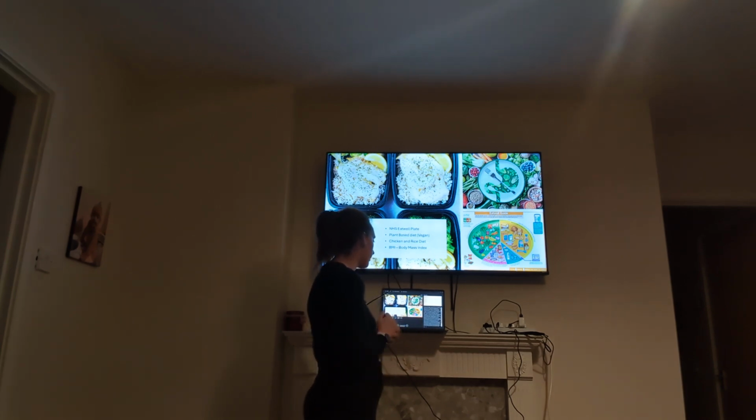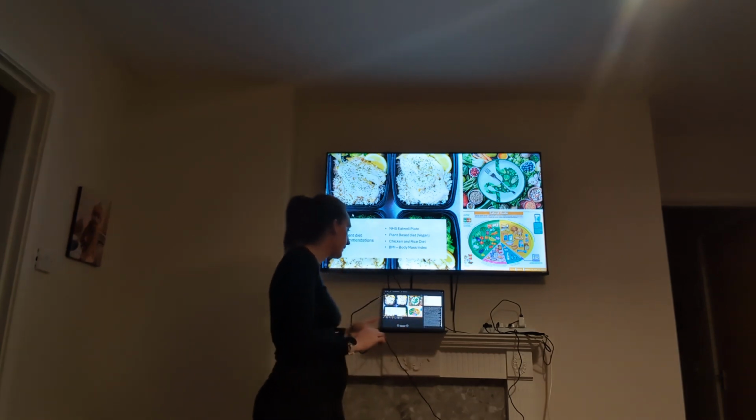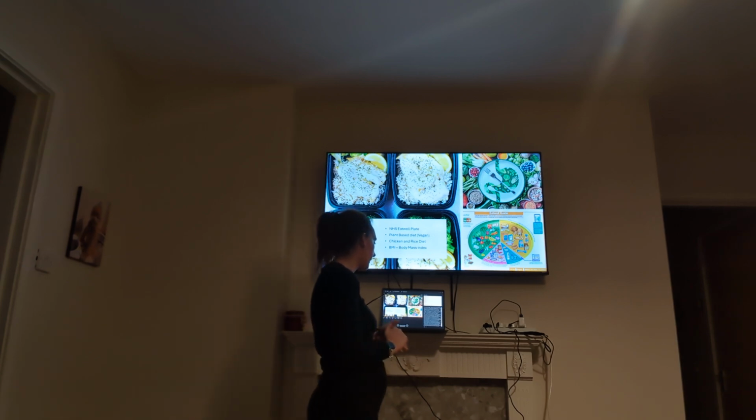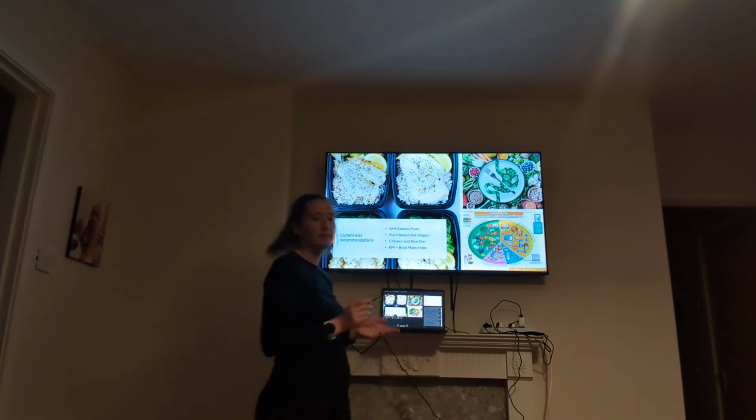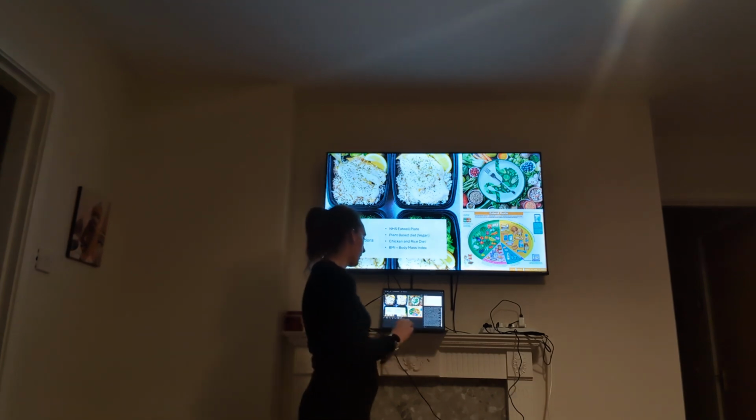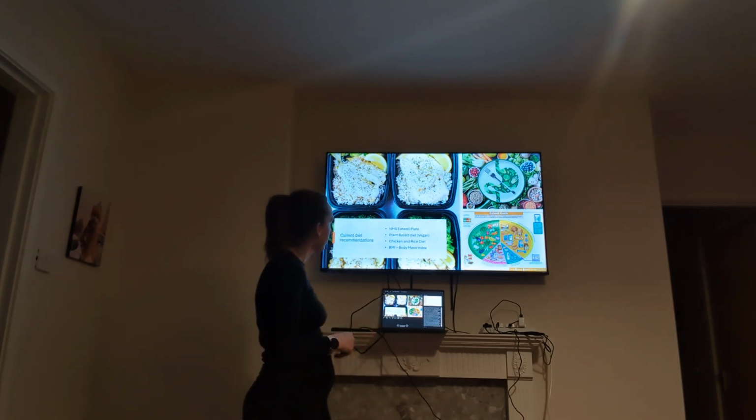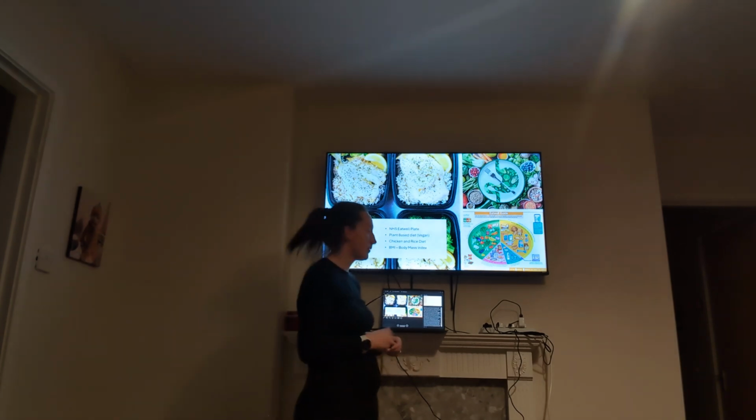It's high nutrition, which is vitamin C, fibre, magnesium, iron, folate. It's low in calories, reduces the risk of diseases caused by obesity, as well as type 2 diabetes.